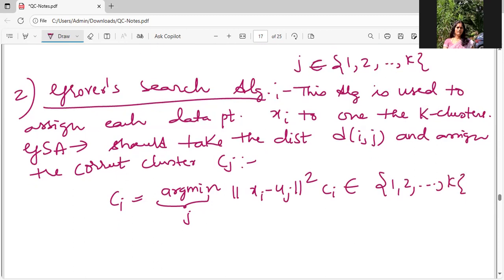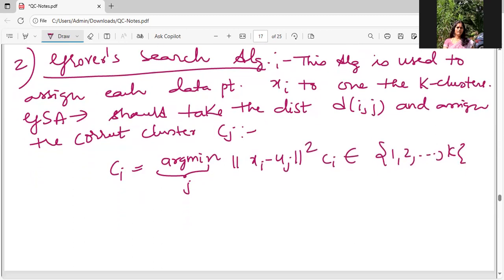Once each of the data points xi is assigned to its cluster Ci, then the mean or the center of each cluster is computed. Once Grover search does its job, then what happens? I'll write here.